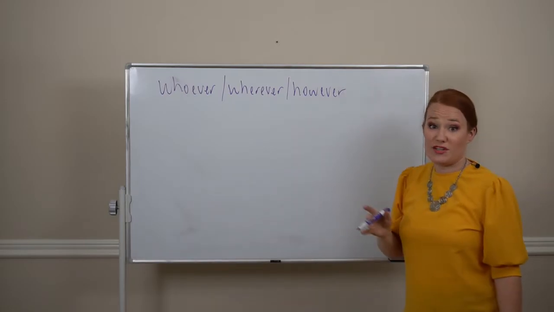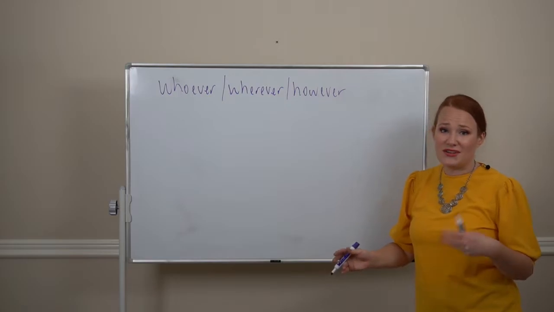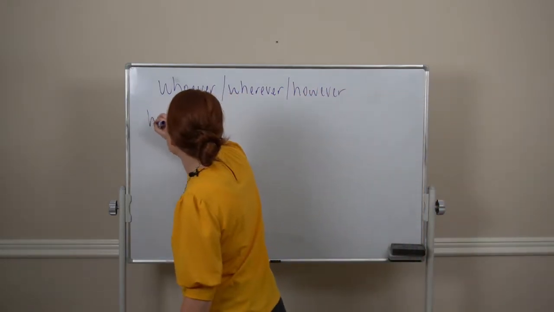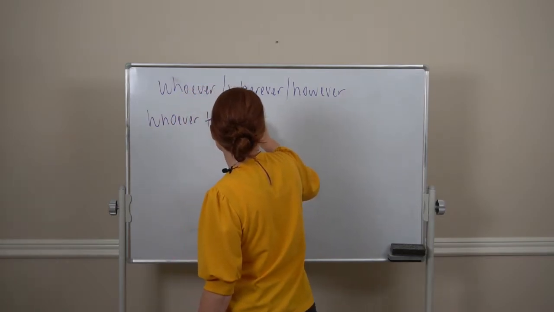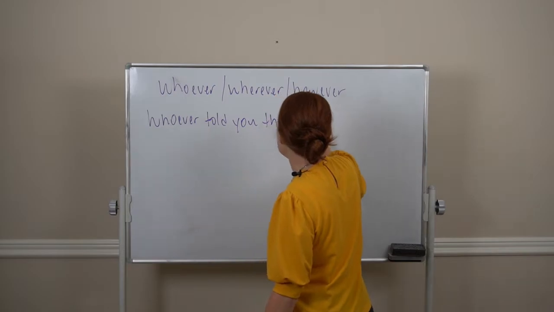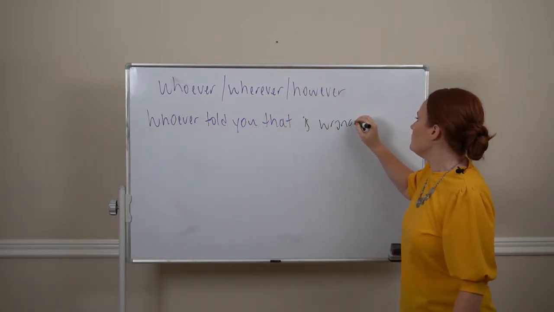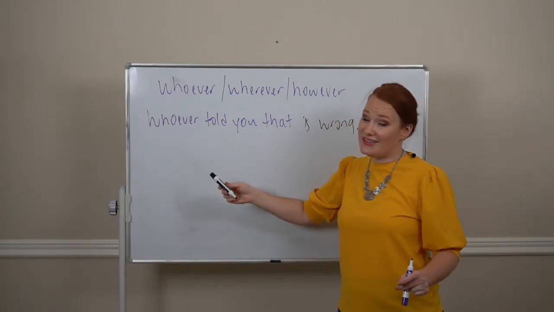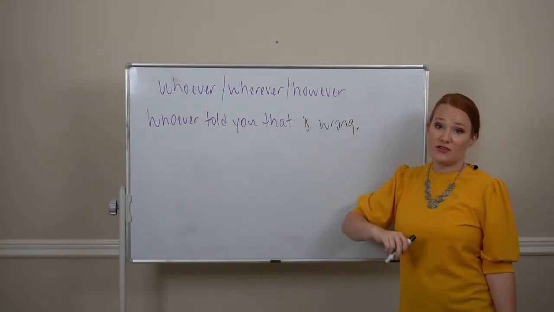Any of our question words plus the word ever, and that means we don't know exactly or it doesn't matter exactly. But for example, whoever told you that is wrong. So whoever means I don't know who, doesn't matter exactly who, but that person is wrong. Whoever told you that is wrong.